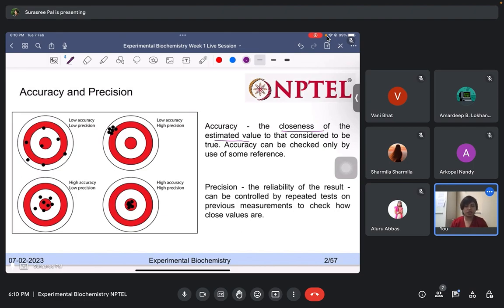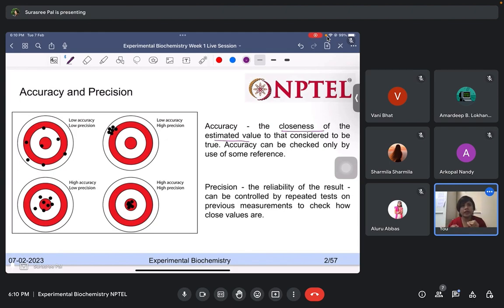And what is precision? Suppose you are measuring the volume of a liquid 3 times. The same liquid, measured 3 times, will give you 3 different values, because while doing any measurement there will be some human error and some instrumental error.